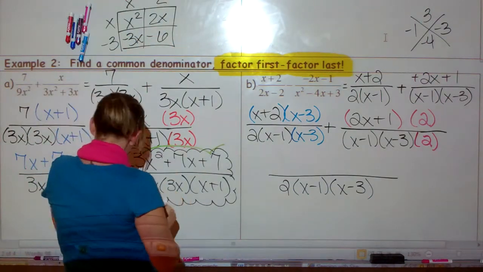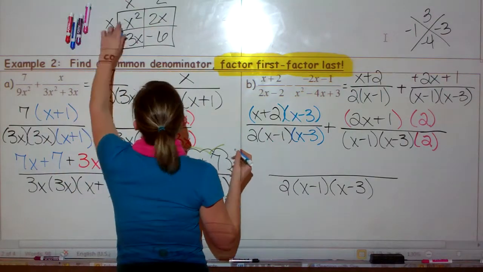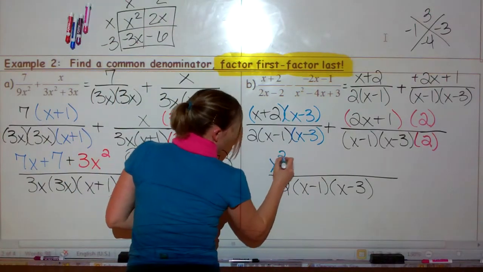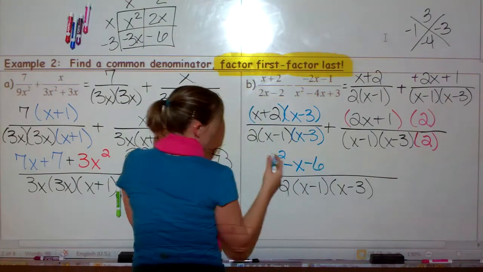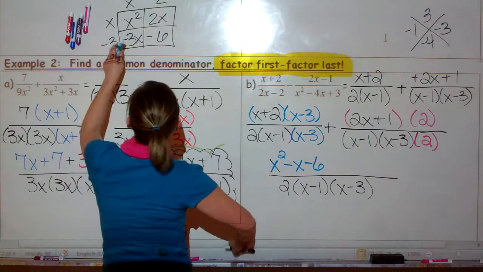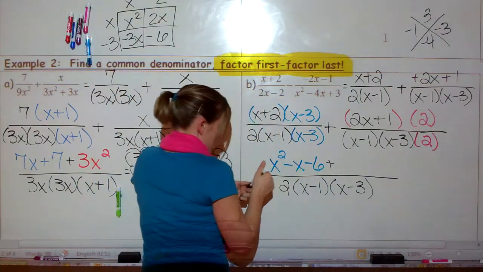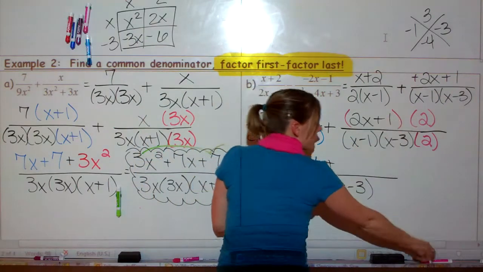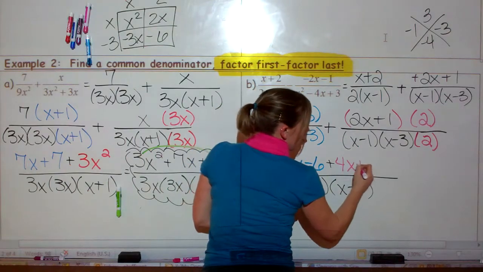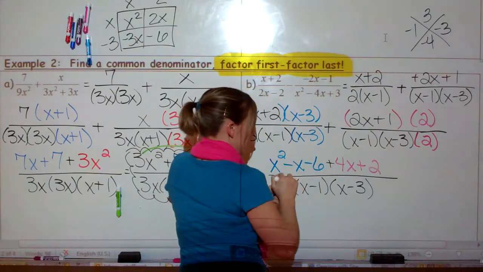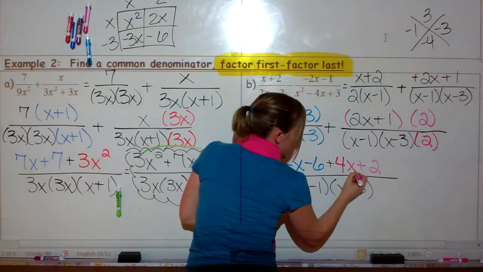So when we put those like terms together, we are going to have x squared minus x minus 6. And because we changed it to adding at the beginning, we're going to add this when we distribute, which is just 4x plus 2. Okay? Let me rewrite that with a better marker. Hopefully you can see it better.